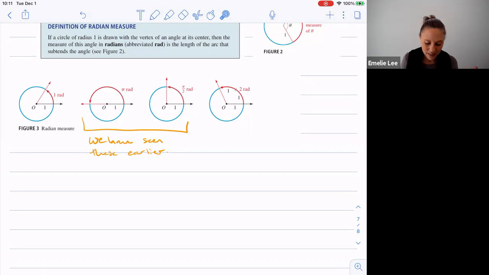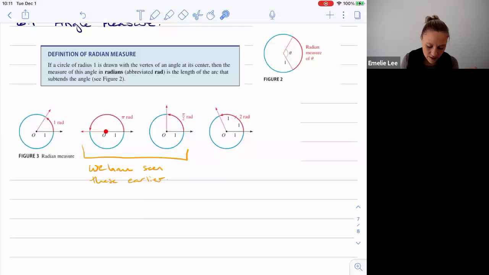So what happens, okay, if we've got some sort of angle here in the middle, then the length of the arc that subtends the angle, really where we started to where we ended, which is a terminal point, is going to be, so this distance is the radians.